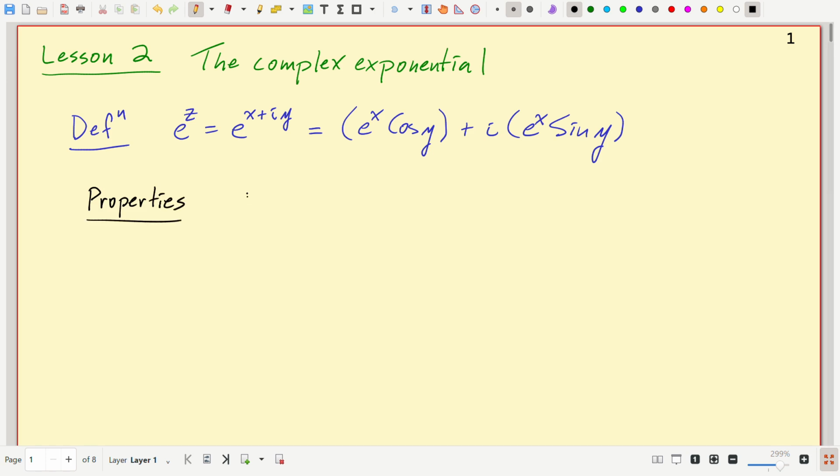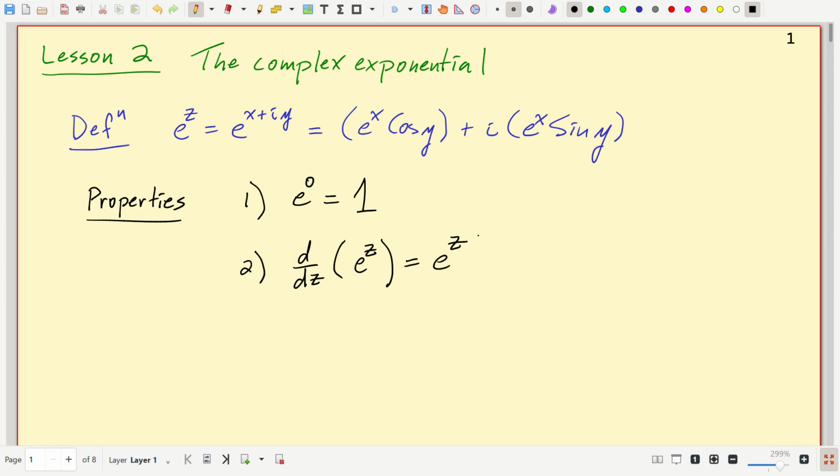Number one, e to the 0 is 1. That's easy to check. You just put in x equals 0 and y equals 0. And soon, I'll verify that the complex derivative, that I talked about with the complex difference quotient, exists, and the derivative of e to the z is itself.